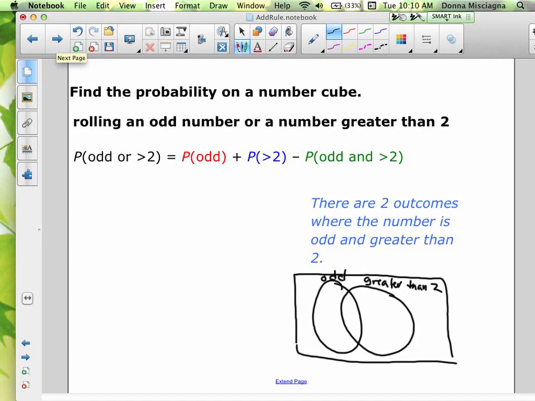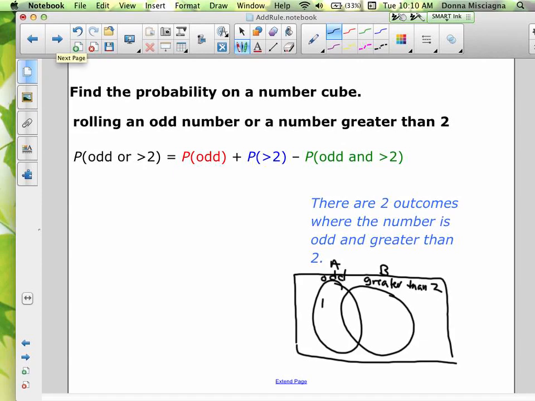This will be group A, this will be group B, because we have the intersection, and then we have the outside. So let's go through the numbers. Where would 1 go? Is that in A, B, the intersection, or the outside? It's odd, but it's not greater than 2, so it would go right here.